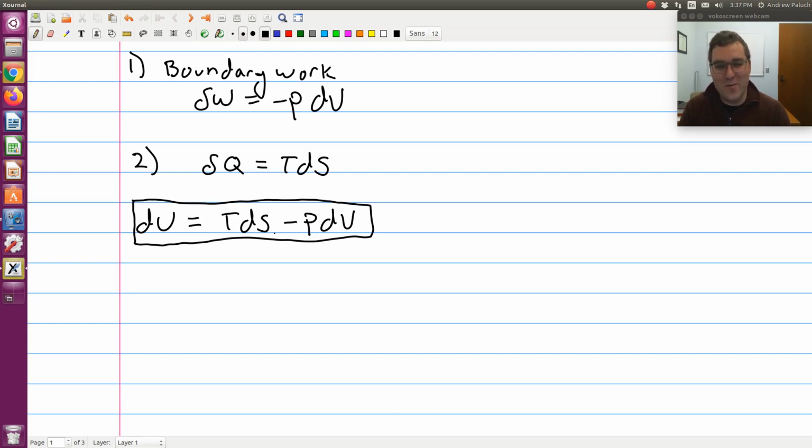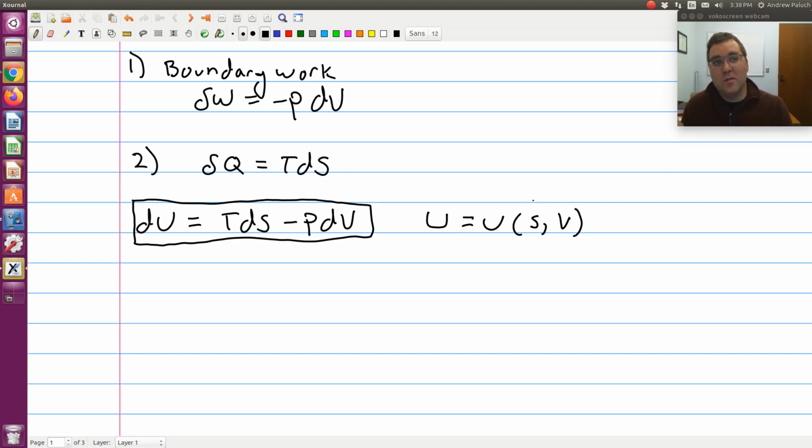Looking at this expression, our combined statement of the first and second law, U has natural independent variables of S and V. So I could say that U is a function of S and V. If I want to calculate the change in U going from state 1 to state 2, if I knew the entropy and molar volume of state 1 and the entropy and molar volume of state 2, I'm using those two independent variables to characterize the state of my system.